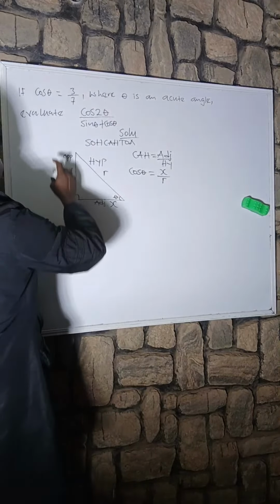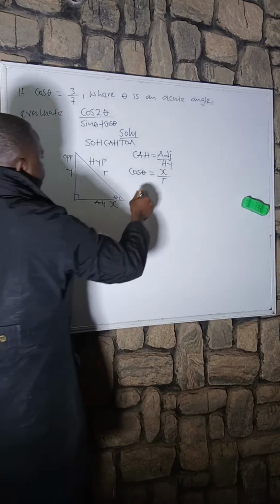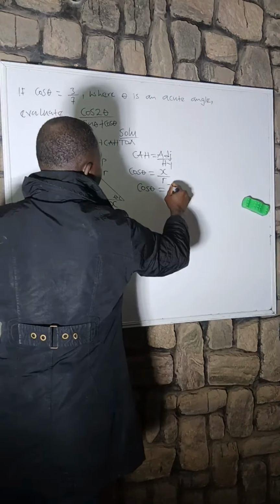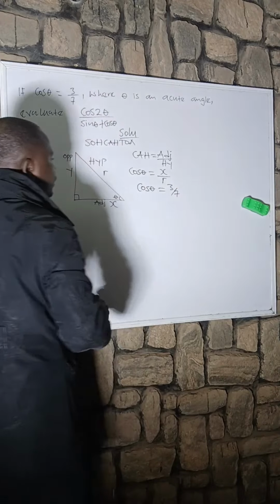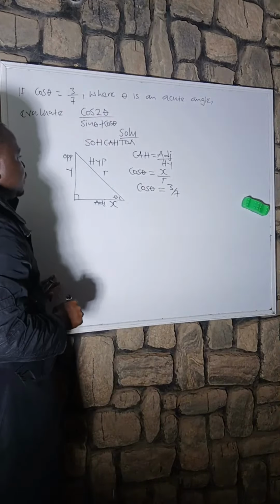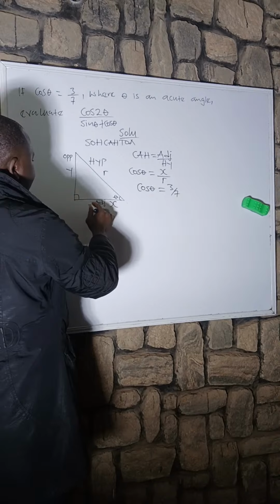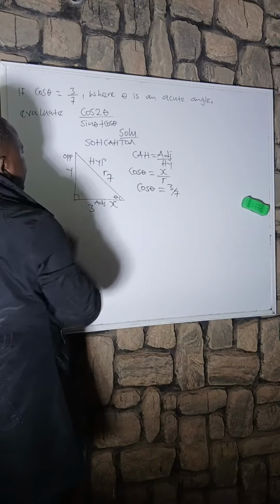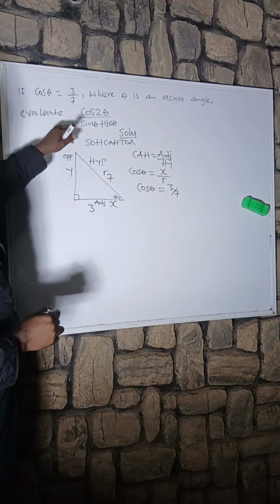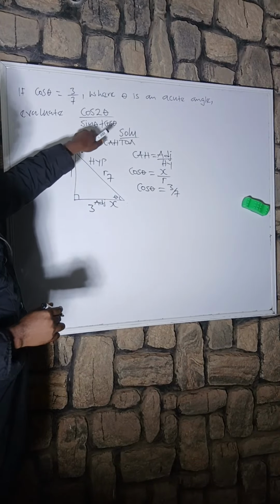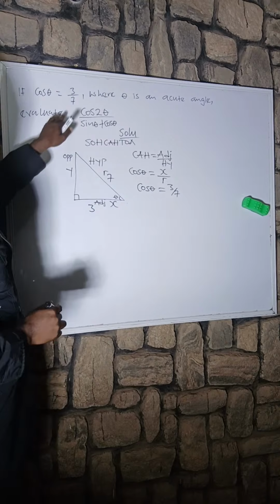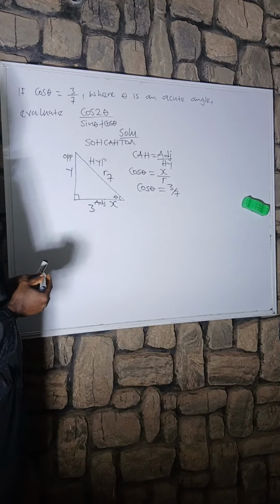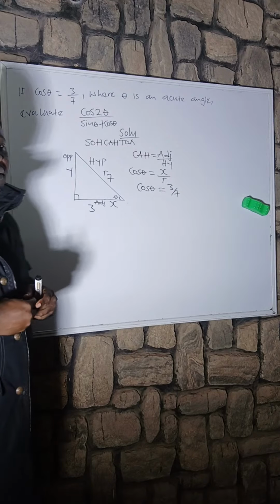So since cos theta has been given as 3 over 7, our x is 3, then r is 7. It means we need to find, they said we should use this to evaluate cos 2 theta and sin theta plus cos theta.